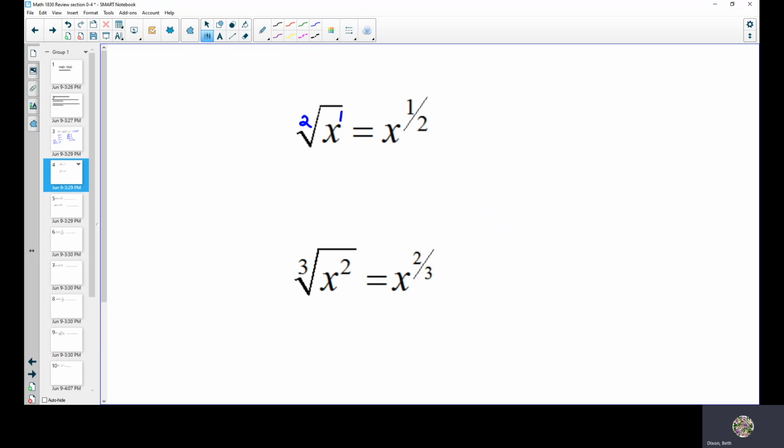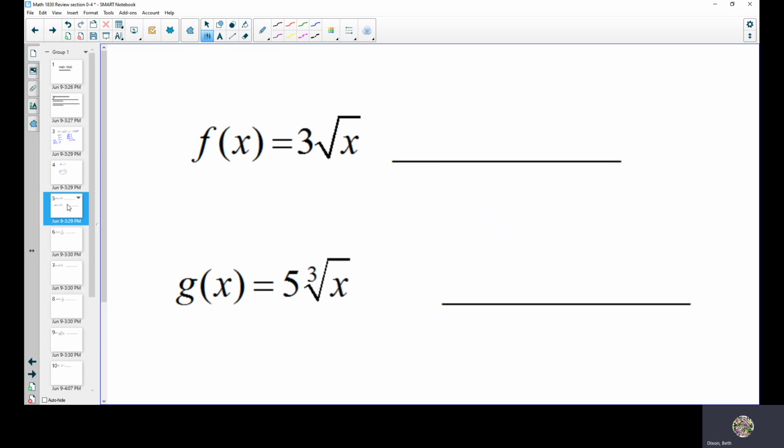So the 1 goes on top, the 2 goes on the bottom. If I have the cube root of x squared, that would be x raised to the 2/3. The 2 goes on the top, the 3 comes down on the bottom, because 3 is your root, 2 is your power.